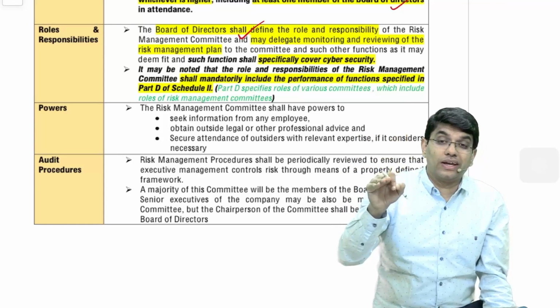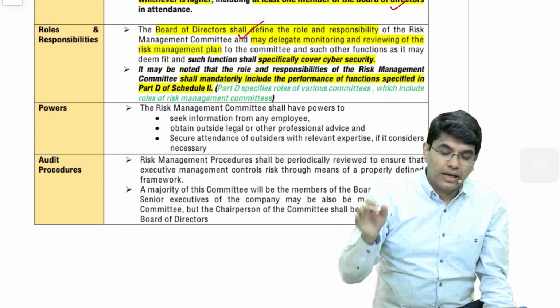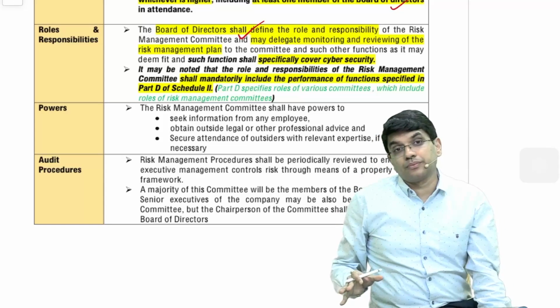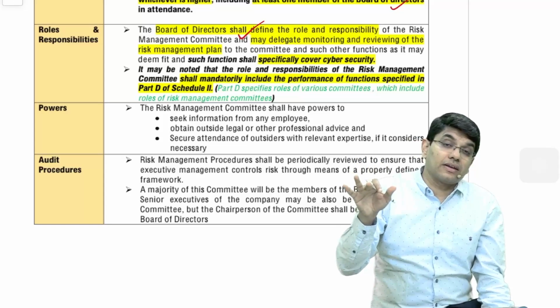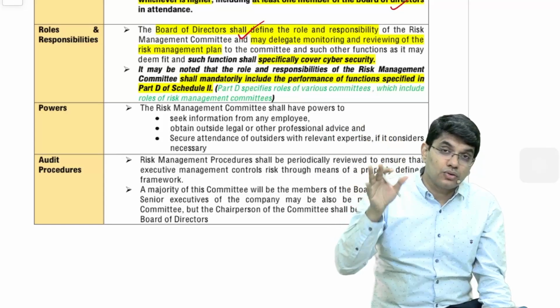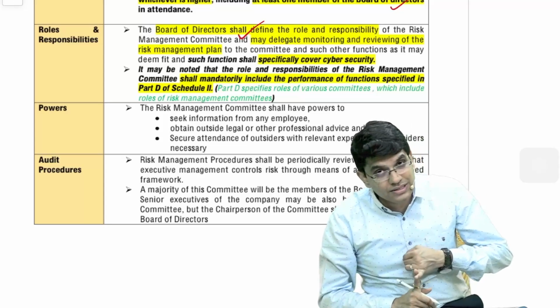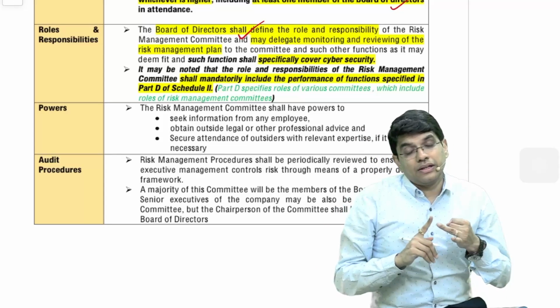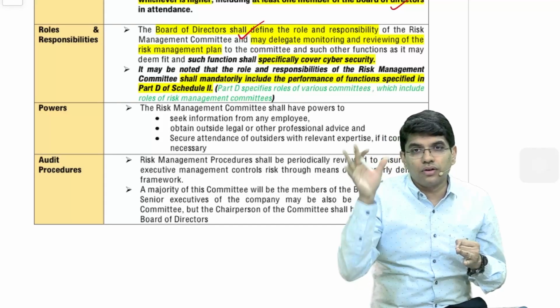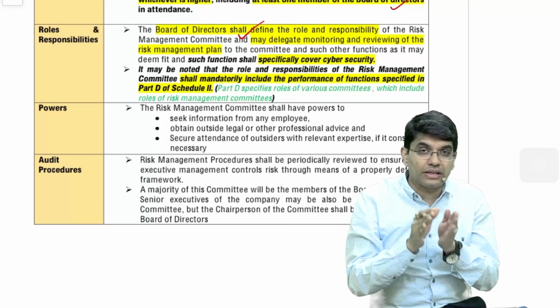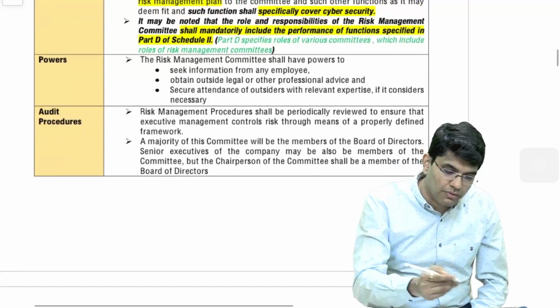In Schedule 2 we have Part D, which specifies roles of the different committees. Whatever matters are in Schedule 2 Part D should definitely be covered in the roles and responsibilities. So the board of directors will decide it, correct? As an overview, it covers reviewing and monitoring the risk management policies and plans, and it should definitely cover the matters given in Schedule 2 Part D. What are the powers?